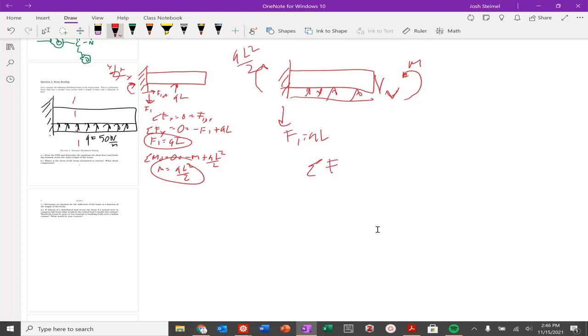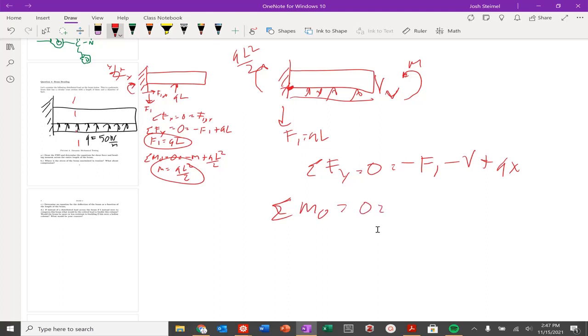So now we need to do sum of forces in the y direction equal 0, which is equal to minus F1 minus V, and then finally plus, we could kind of dimensionalize that, Q times x. So remember, we have that Qx distributed load across there. We could also do sum of our moments at the origin equal to 0, so I'm going to look at the origin right here.